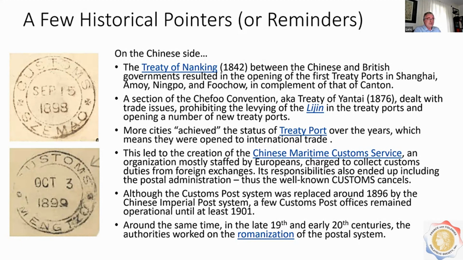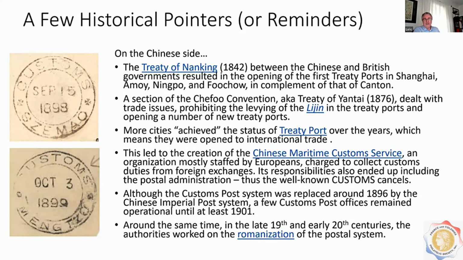So you can read all of this, but basically through a series of treaties between the Chinese government at the time and initially the British government, but also other Western governments like the French or the German or even the US, there were multiple treaty ports that were opened in China over time that could basically participate in international trade. Before then, only the port of Canton or Guangzhou was authorized to export goods to Europe or America.